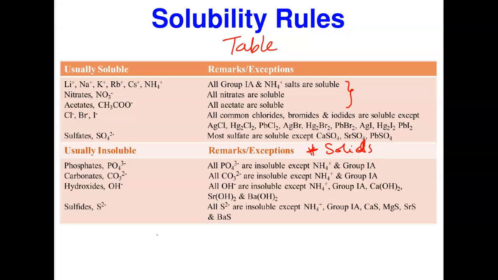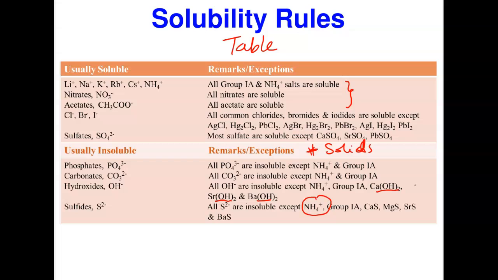Now, the hydroxides are also insoluble. The exceptions to the solubility, those that dissolve a little bit, are the calcium hydroxide, strontium hydroxide, and the barium hydroxide. Again, sulfides are usually insoluble. Another good exception will be the ammonium, those of them in group 1, calcium sulfide, magnesium sulfide, strontium sulfide, and barium sulfide are the exceptions.